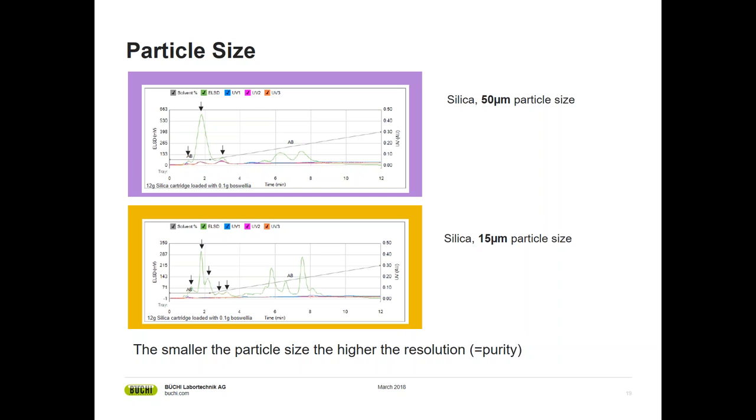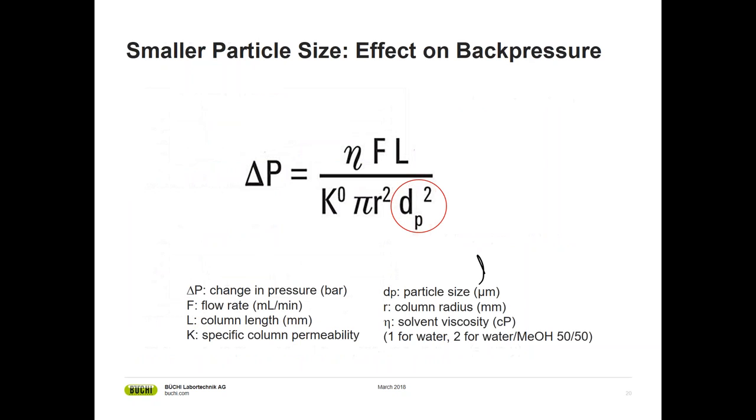And switching and working with small particle sizes is very easy to do, but there is one bottleneck, and that's the effect on back pressure. The back pressure generated during a run is influenced by several parameters, such as flow rate, column lengths, and so on.